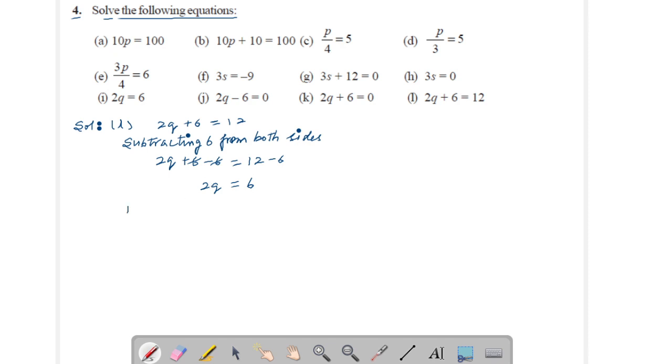So dividing both sides by 2, what will you get? 2q upon 2 equal to 6 upon 2. 2 is cancelled by 2.